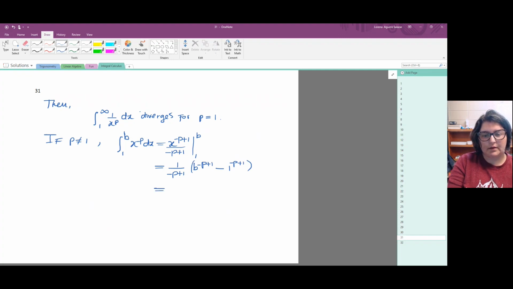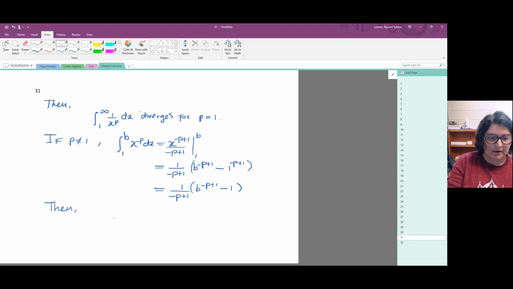We're substituting b and 1 into the antiderivative by the fundamental theorem of calculus. We have 1 over negative p plus 1 times b to the negative p plus 1 minus 1, because 1 raised to any power gives us 1.